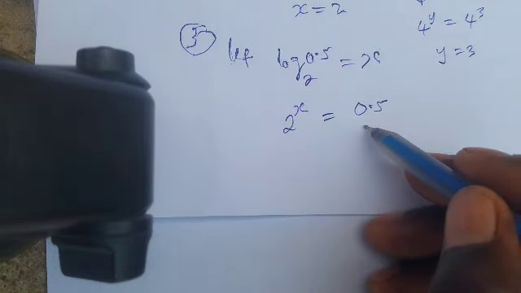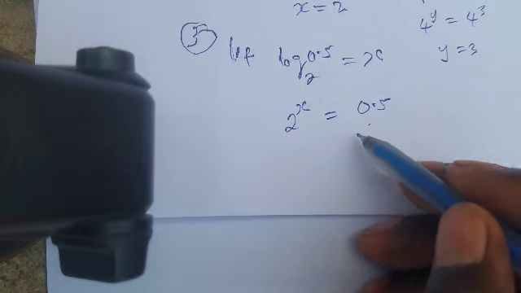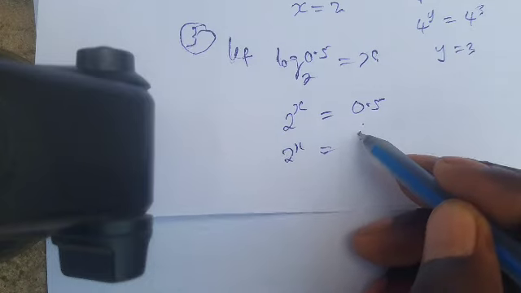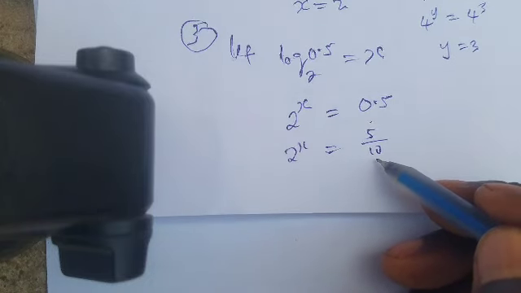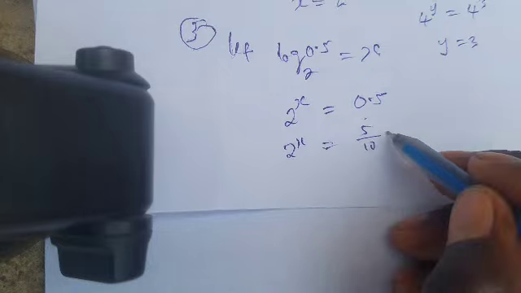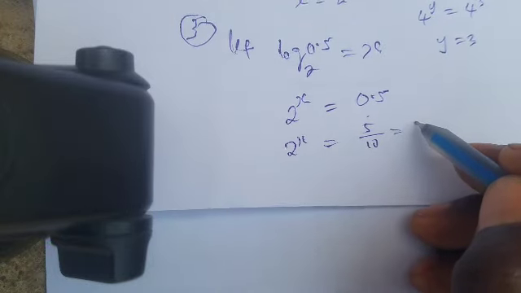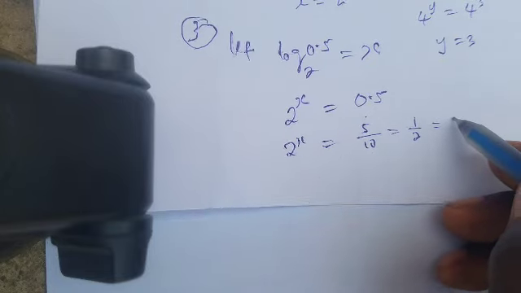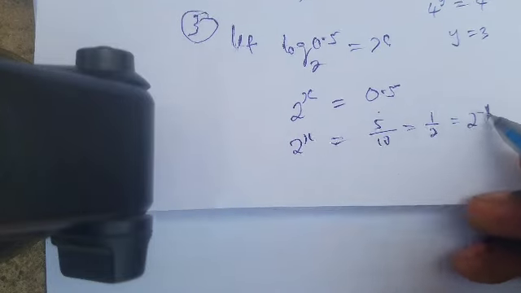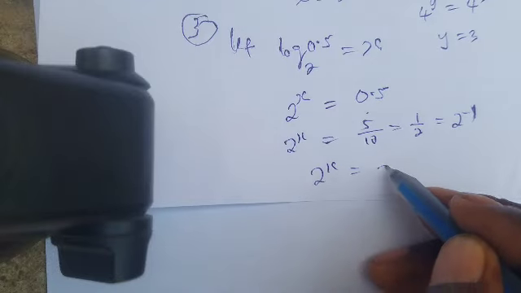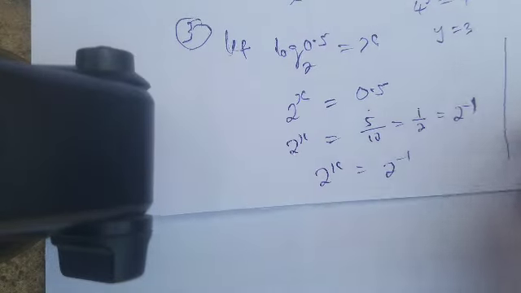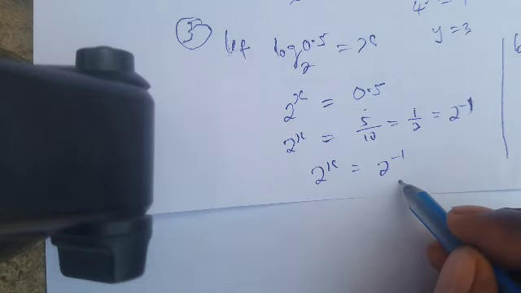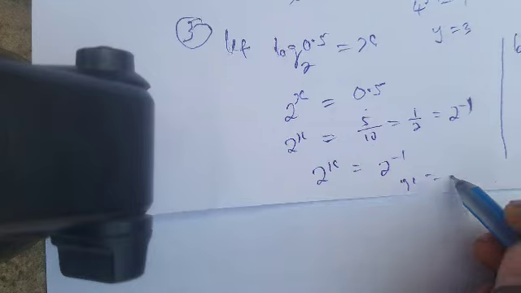Then we have 2 raised to the power of x is equal to 5 over 10, which is the same thing as 1 over 2, which is equal to 2 raised to the power of minus 1. So 2 raised to the power of x is equal to 2 raised to the power of negative 1. By equating the index, our x is equal to negative 1.